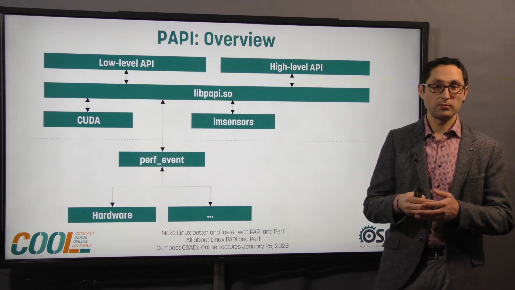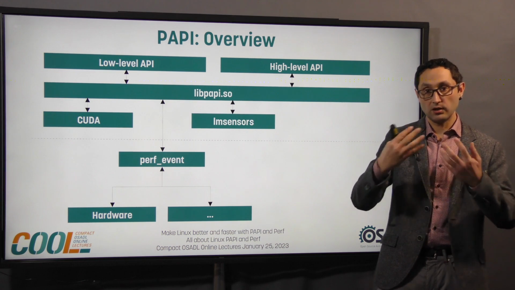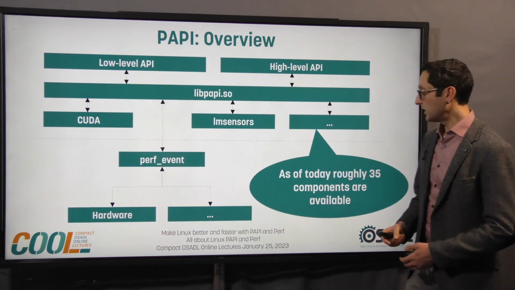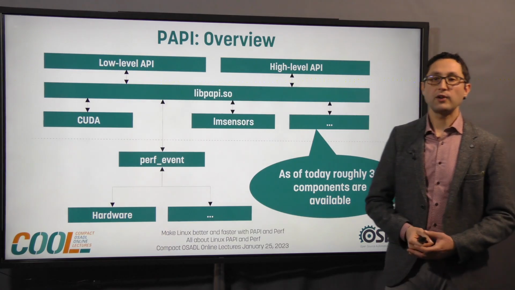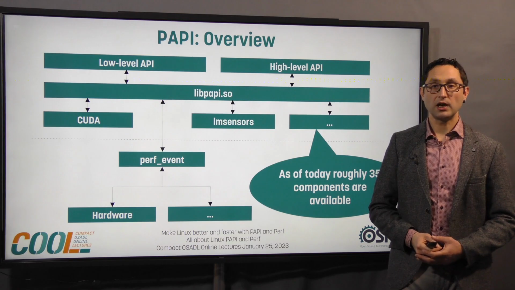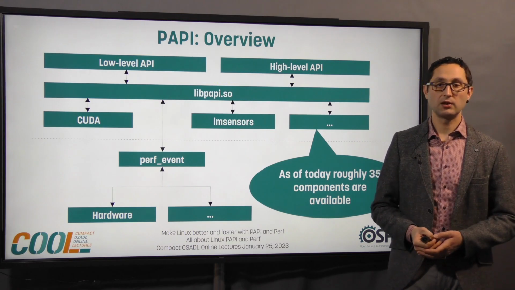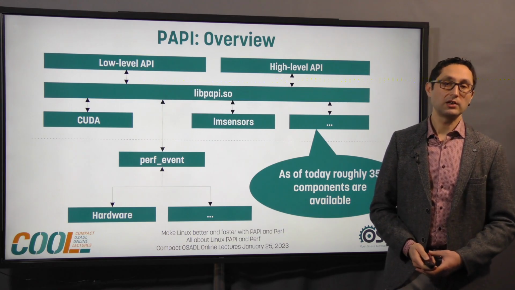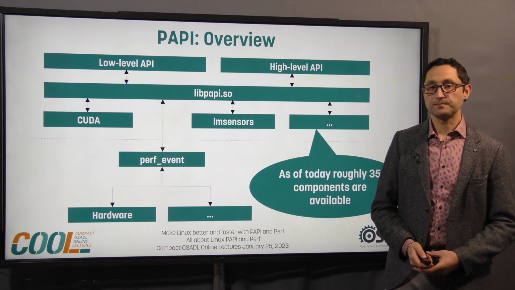So that's also pretty important, that you can aggregate more data. And well, there's way more. As of today, there are roughly 35 subcomponents of PAPI with a single abstraction layer. So you can count and aggregate a lot of different events for performance-related analysis of your system.